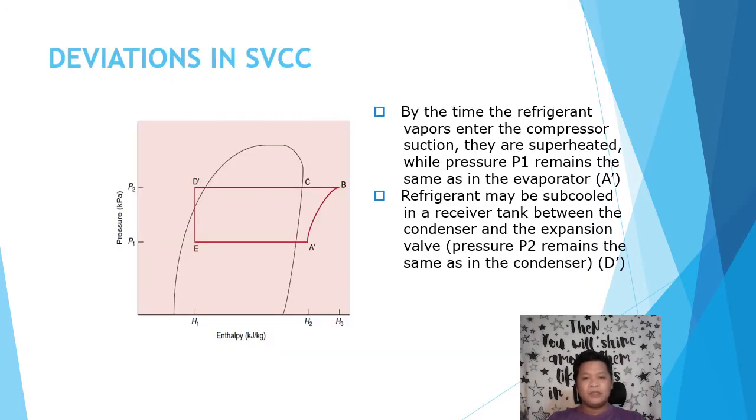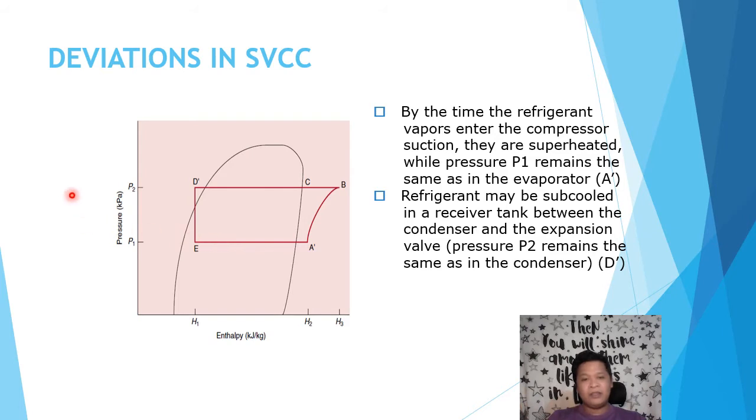Right, so technically yung deviations naman from standard vapor compression cycle are just kung nagkakaroon ka ng superheating or subcooling. So take note, ito kanina yung A nandito siya. Pag yung A prime naman nasa superheated region na siya. Okay?